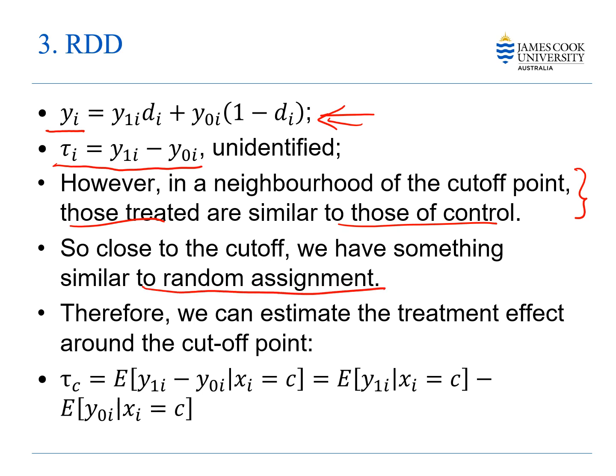Therefore we can estimate the treatment effect around the cutoff. So the estimation of the treatment effect is actually local around the cutoff, and we call it tau_c. It is the difference of the expected values of these two potential outcomes conditional on the cutoff point. So we need to estimate these two expected values.